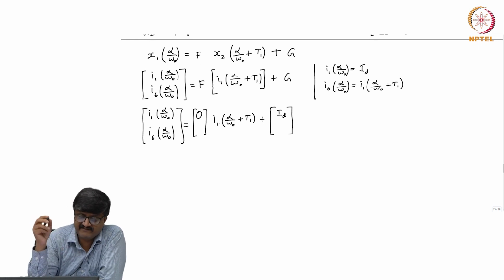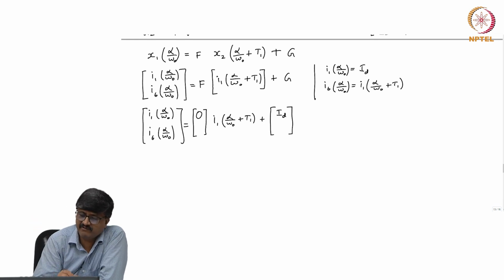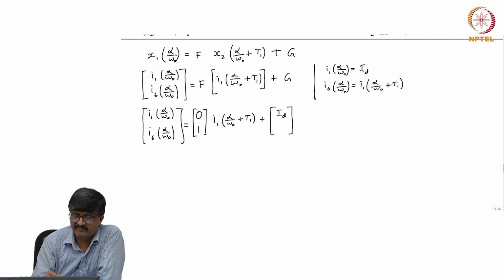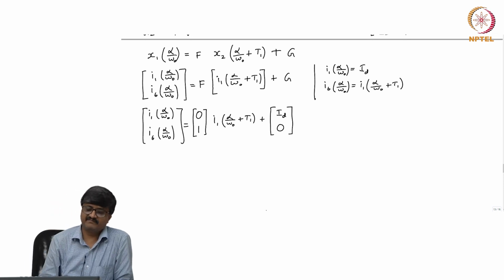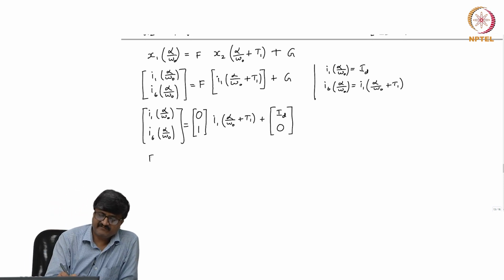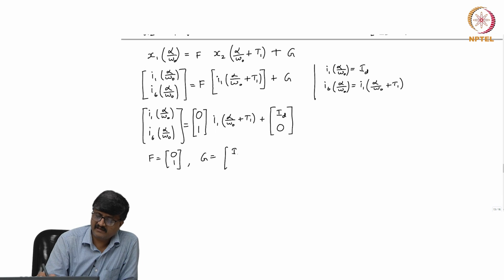In the second equation, I6 at alpha by omega o is nothing but I1 at alpha by omega o plus T1. So, I put a 1 in F and 0 in G corresponding to the second equation. So, we get F as 0 1 and G as I d 0.